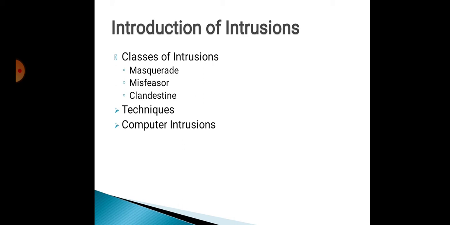Use of a Trojan horse. Tap the line between a remote user and the host system. These are some techniques of guessing passwords. Intruders use these techniques for guessing passwords.